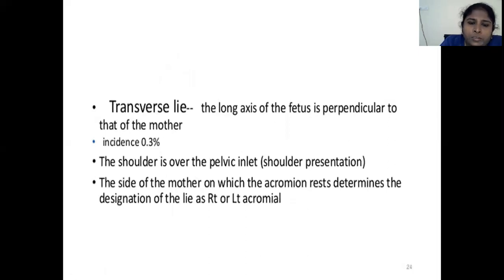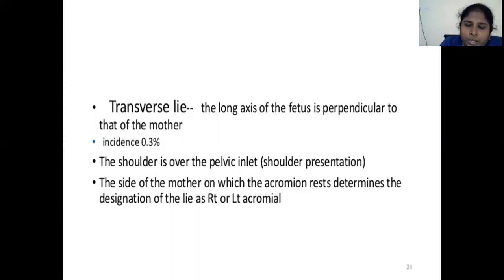Next, transverse lie. What is lie? The relationship of the longitudinal axis of the fetus to the longitudinal axis of the mother is the lie. Usually longitudinal lie will be there; the other types are oblique lie and transverse lie.